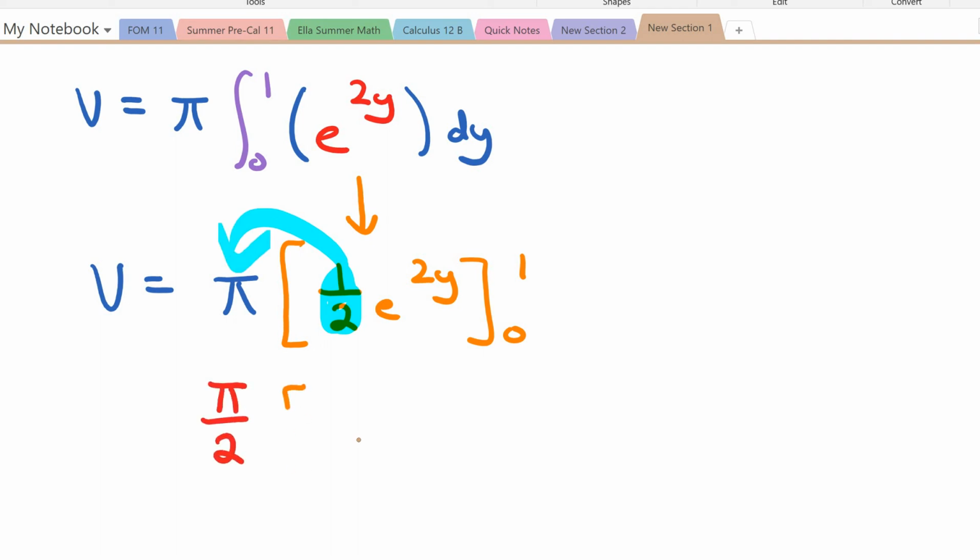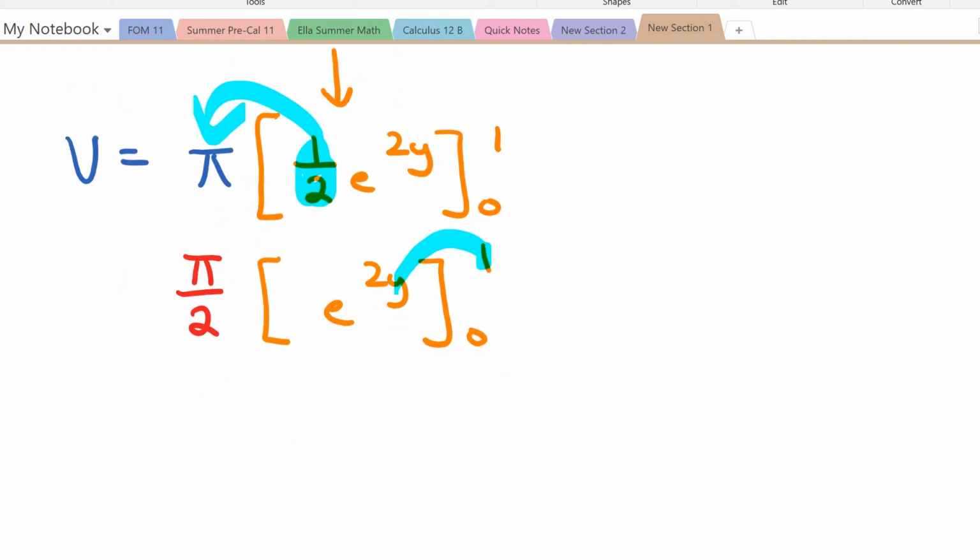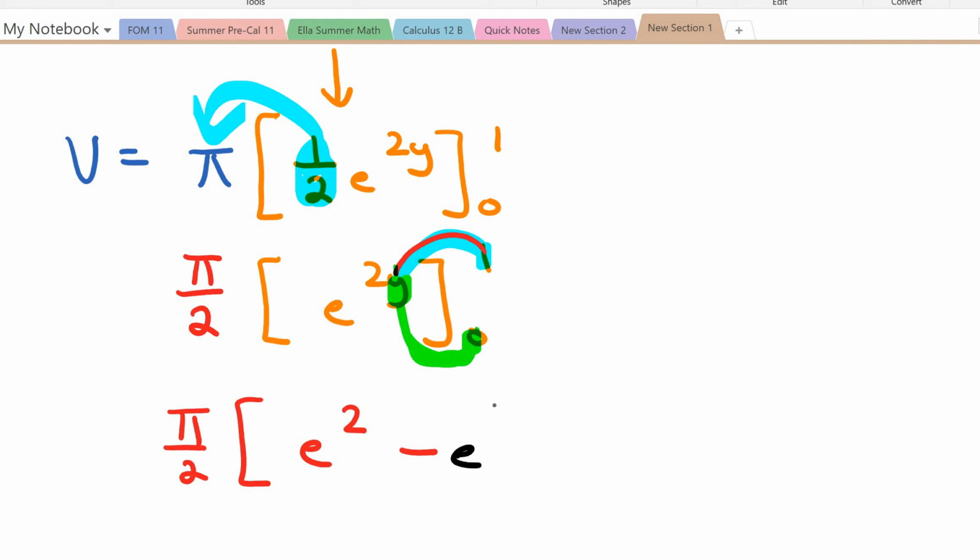Just pull the constant out, and you have e to the power of 2y all the way from 0 to 1. And now you're just using the fundamental theorem of calculus, starting with your upper bound. So that would be pi over 2 times e to the power of, well, 2 times 1 is just 2, minus, and then if I plug in 0 for y, that's e to the power of 2 times 0, which is 0.